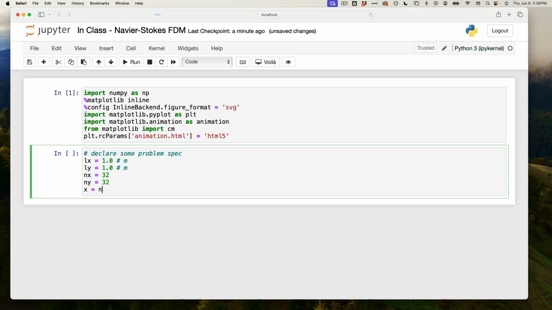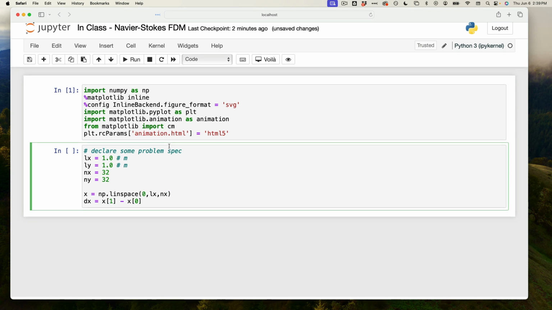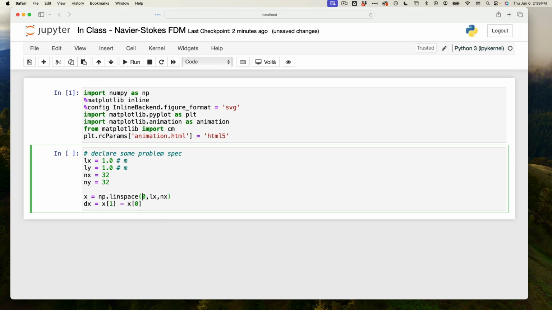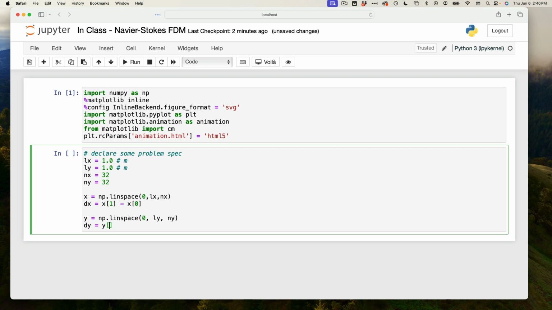And we declare the linspace. Again, I need the X and Y linspaces if I want to plot things nicely. np.linspace going from 0 to Lx with nx points. And that helps me define dx, x1 minus x0. And y is np.linspace, 0 to Ly with ny points, and dy is y1 minus y0.